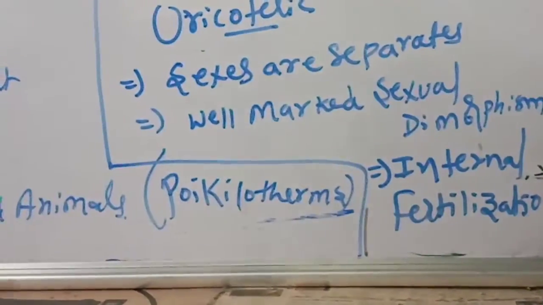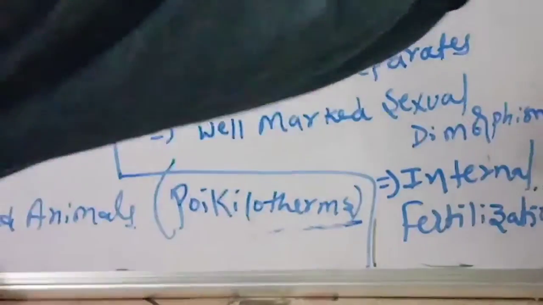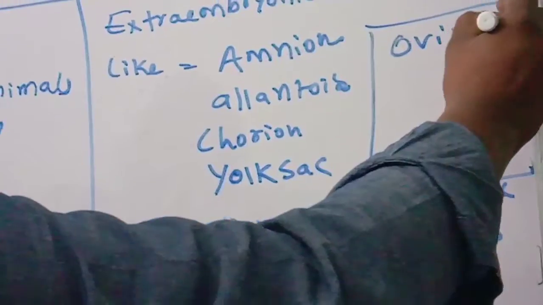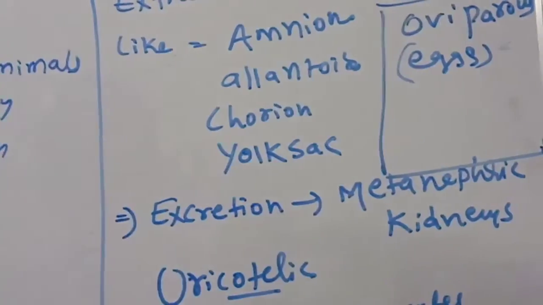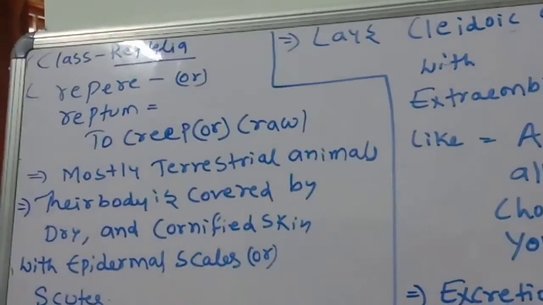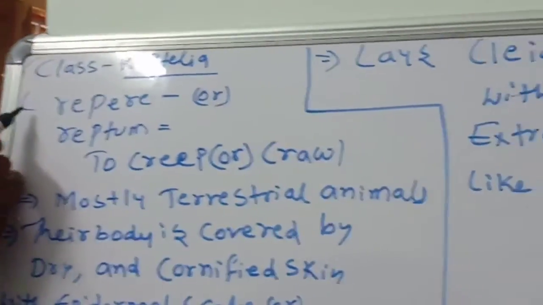And next, all are oviparous. All are oviparous, means they lay eggs. Okay, children, observe very carefully the most important characters of reptilia we are discussing.